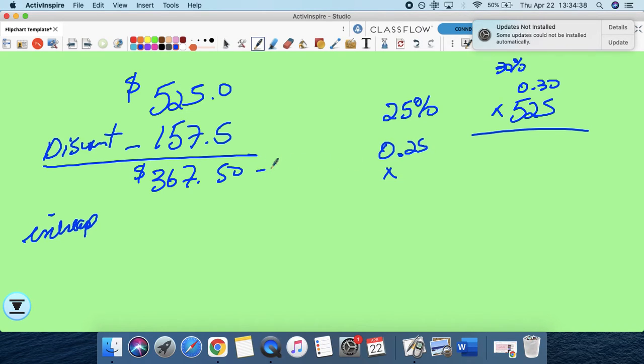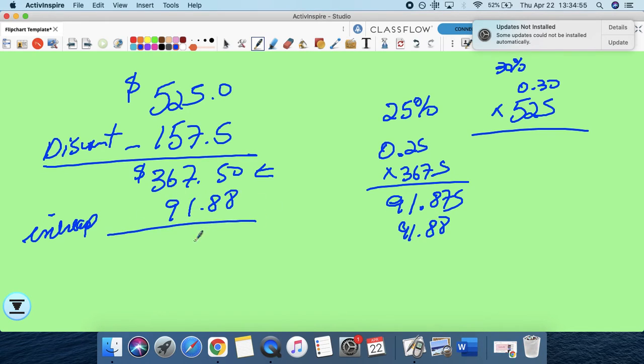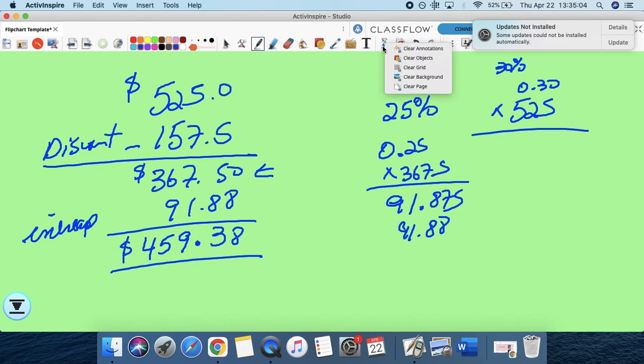We're gonna multiply by this number here, 367.5. A ver cuánto te sale. So we're going to raise, la tienda va a aumentar el precio otra vez. $91. Se transforma en $91.88. So aquí está. Lo bajaron mucho, entonces aumentan otra vez. They raise the price again. Okay. So the final price, or the new price, is $459.38.